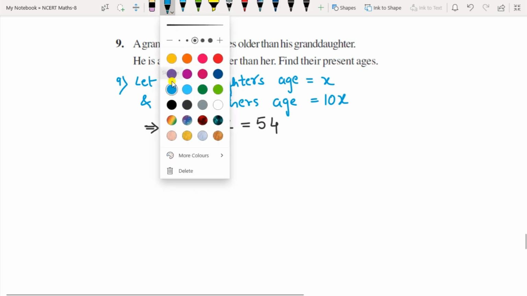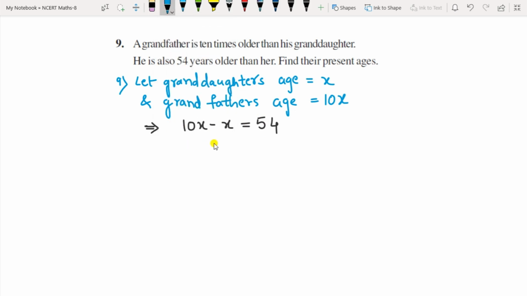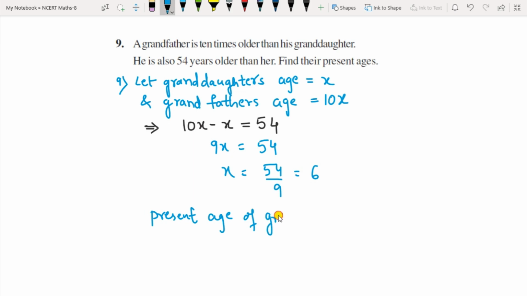So we have to solve it now. 10x minus x is 9x equal to 54. x equal to 54 by 9, that gives 6 as the answer. Okay. So you need to find their present ages. So present age of granddaughter, that was x.